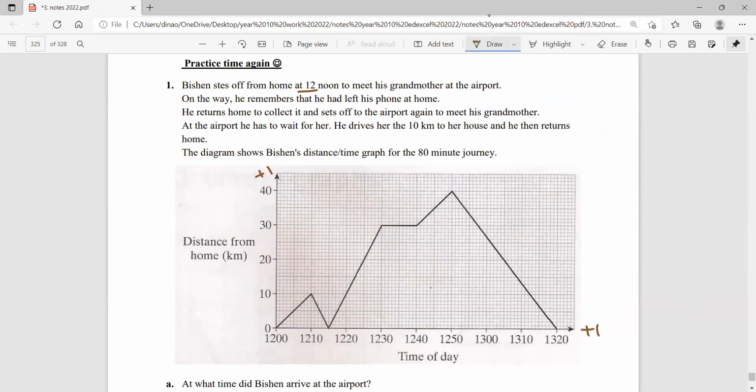He left his house at 12 to pick up his grandmother from the airport. On the way home, he remembers that he left his phone at home. He returns home to collect it and then sets off to the airport again to meet his grandmother. At the airport, he waited for her and then he drives her 10 kilometers home. And this is his journey.